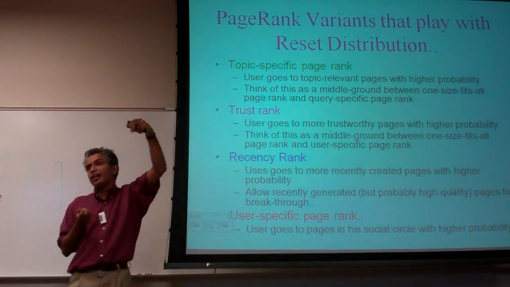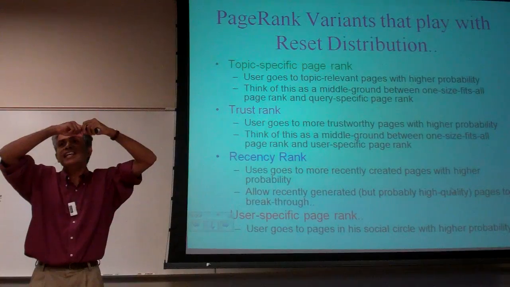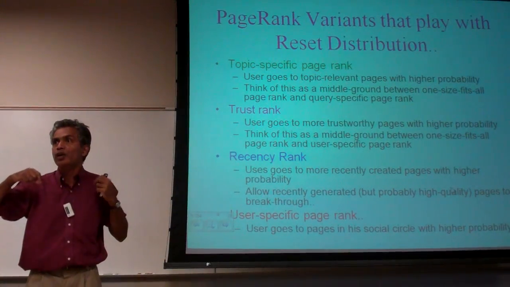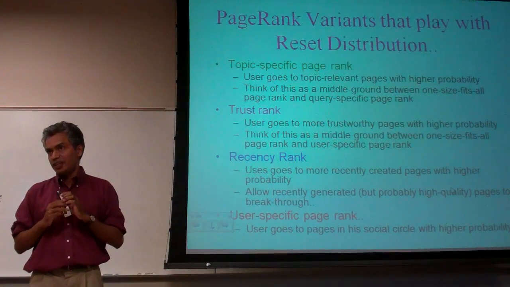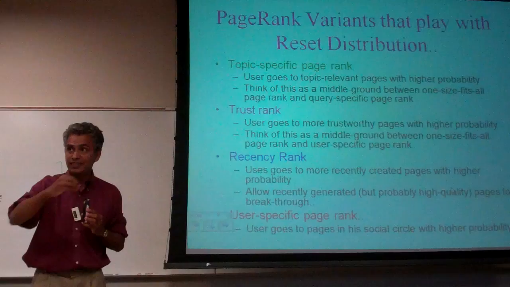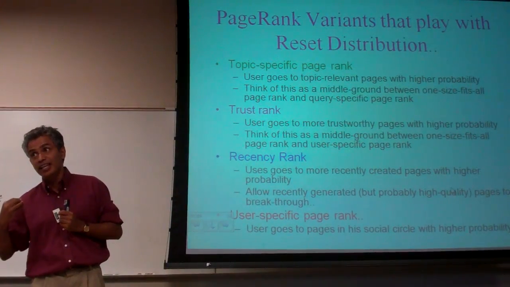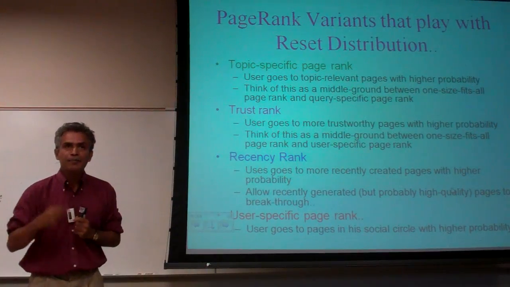But if you found the trustworthy sources, then you start from there, and if there is a link from the trustworthy source to you, then you are also sort of trustworthy. So you can talk of a transitive closure of trustworthiness and use that to figure out trustworthiness of pages, and then make the reset matrix proportional to the trustworthiness, and then compute the PageRank.